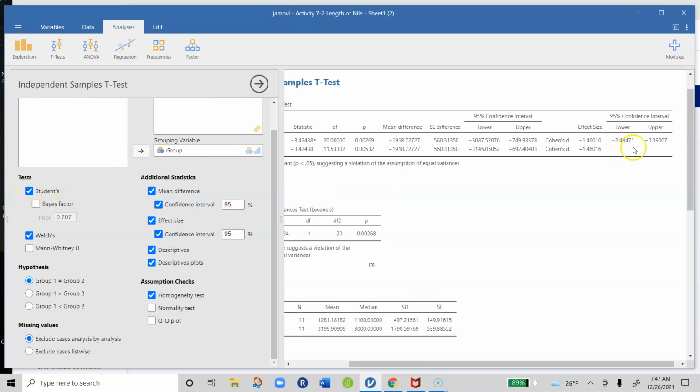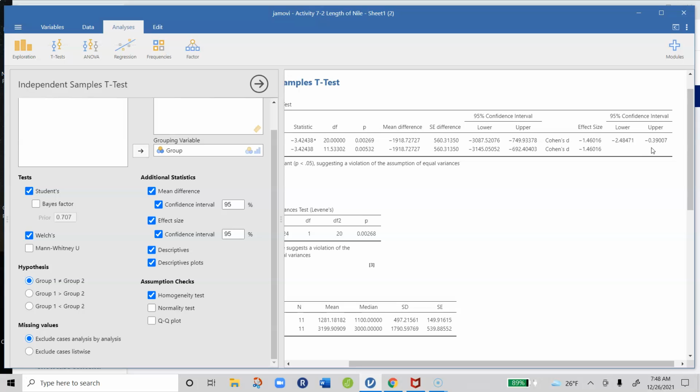And it's fine to use these for the confidence intervals around our effect size. So we're 95% sure that the true effect size is somewhere between negative 2.48, which is really big, and negative 0.39, which is small to medium in size.